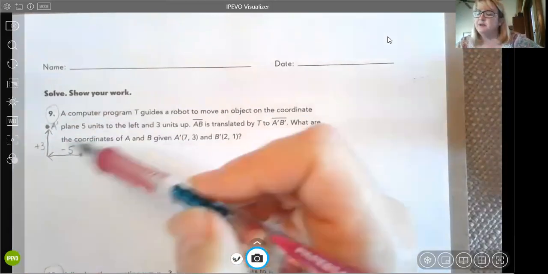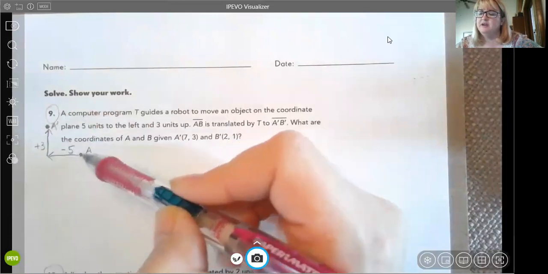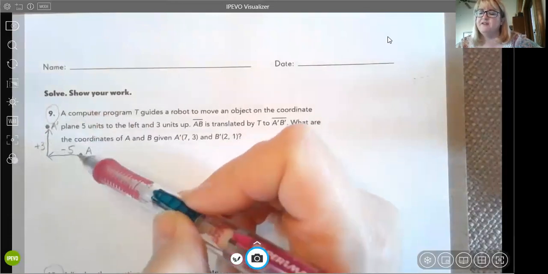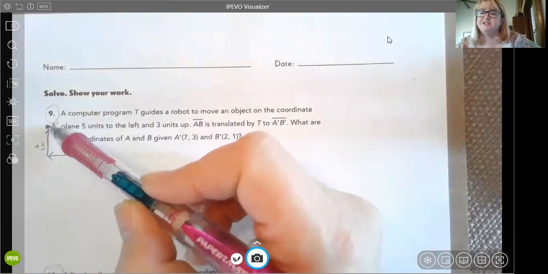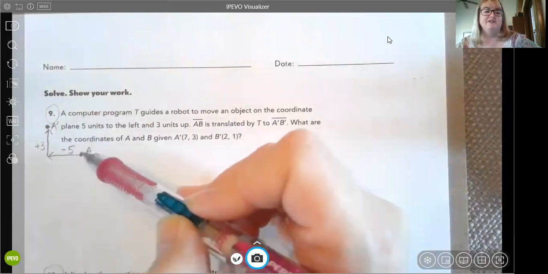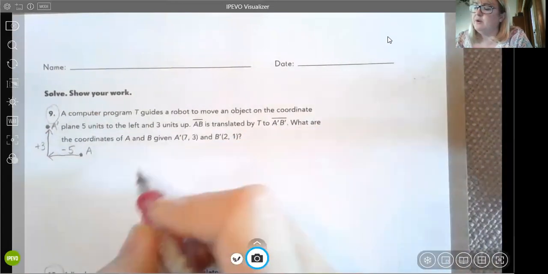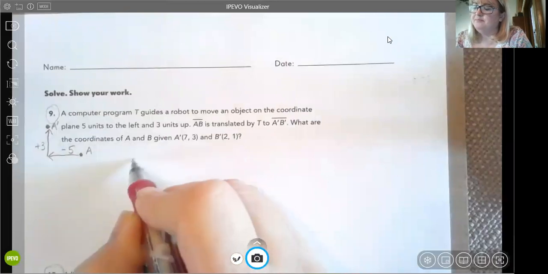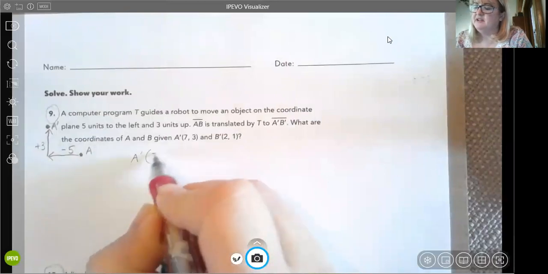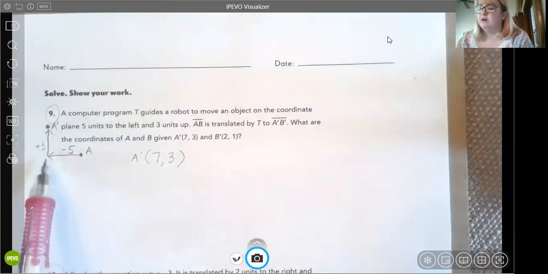So if they tell us what A prime is, and then we go to A, instead of going 5 to the left, 3 up, if we're starting here, we've got to go 3 down and 5 to the right. So, A prime is 7, 3, okay? Now we're going backwards.